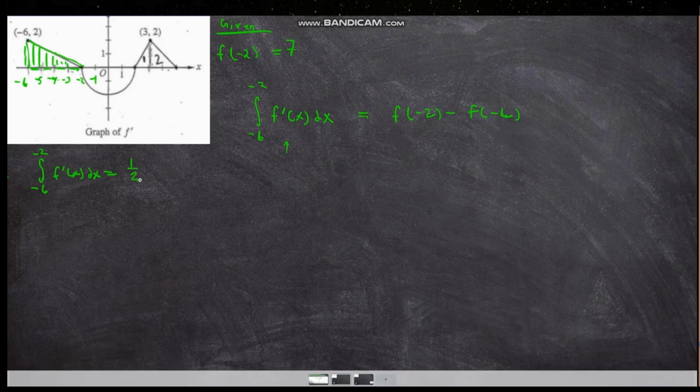So put in your triangle formula for area, 1/2 base times height. I'm going to go ahead and plug these in. So this is going to give us 4 for this entire representation of our integral.